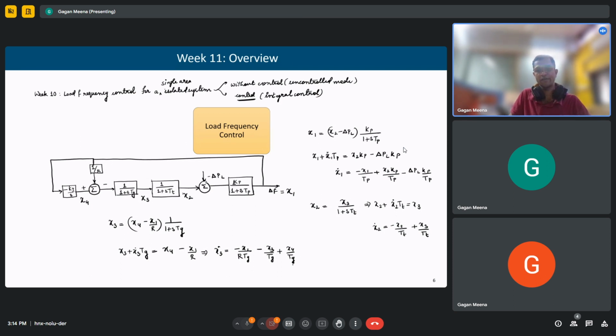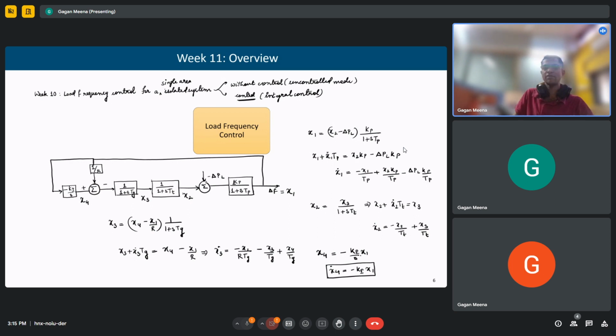This is correct. Then we can write X4. X4 is equal to minus Ki by s into X1. So X4 dot is equal to minus Ki into X1.